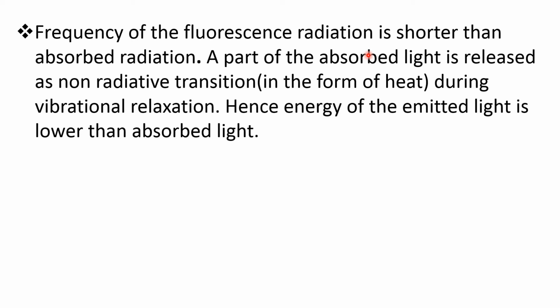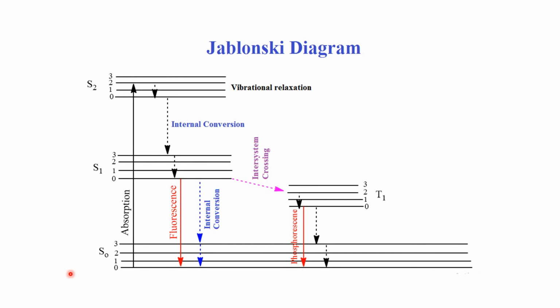Let us go back to the earlier slide. See, fluorescence transition is from the 0 vibrational level of S1 to 0 vibrational level of S0. Now suppose by absorbing radiation, the electron has been promoted to some higher vibrational level of S1. Then from this higher vibrational level of S1, it has to come back to the 0 vibrational level of S1, and during this transition, this difference of energy is released in the form of heat.